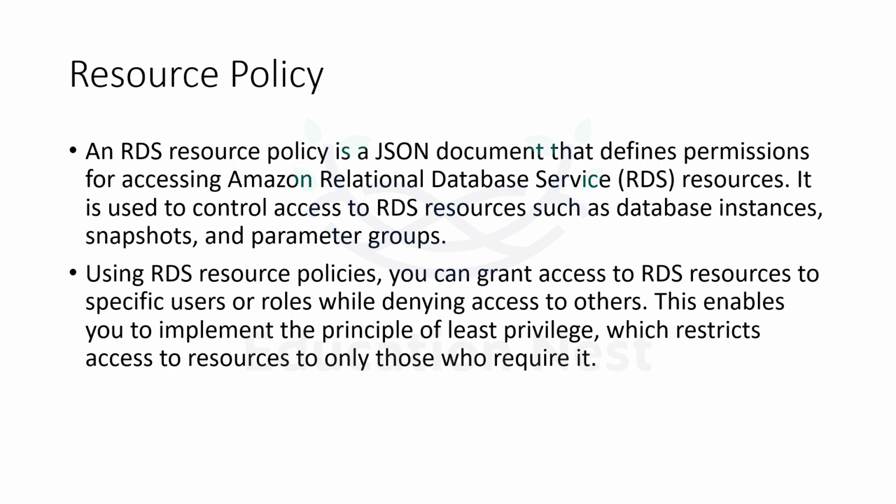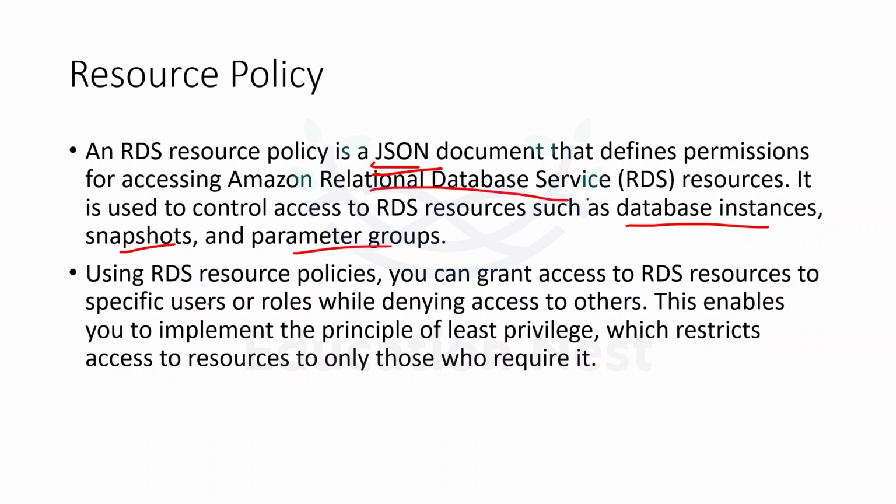Again, it would be one JSON document, because all IAM policies are JSON documents, which define the permissions of who has the authorization to access this particular RDS. You can use this resource-based policy for controlling access on database instances, snapshots, or parameter groups.